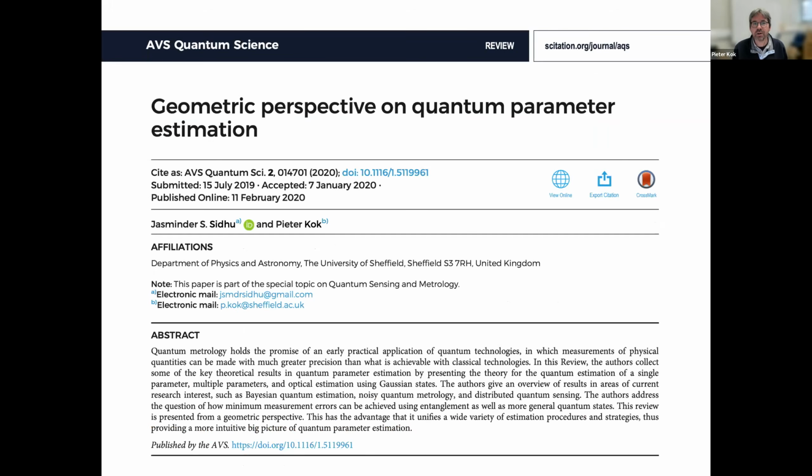Okay, and so if you find this interesting, and I hope you do, my postdoc Yasminder Sidhu and I wrote a review on this, and it's published. It's the top line here. I can't really point at it, but it's in the journal AVS Quantum Science. It's a new journal.